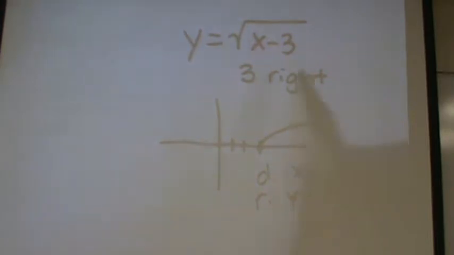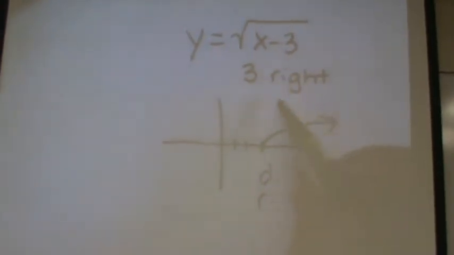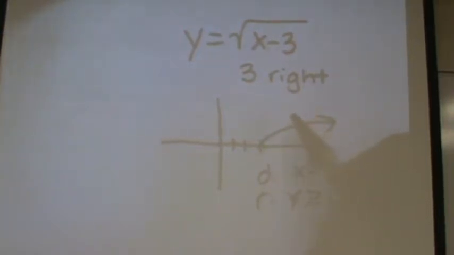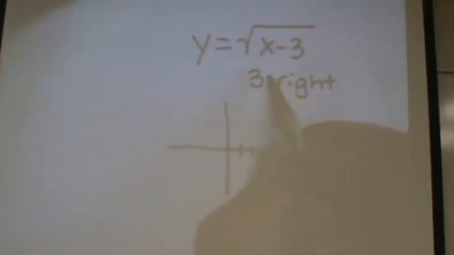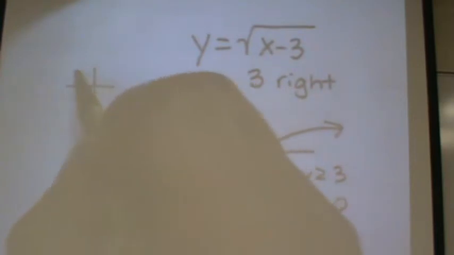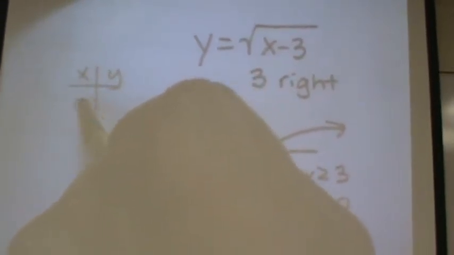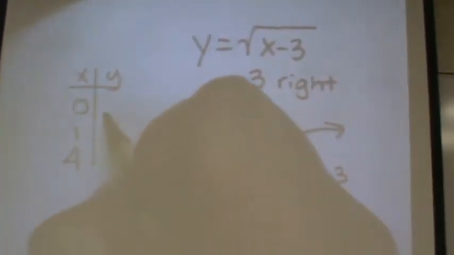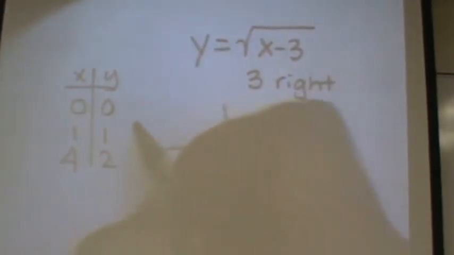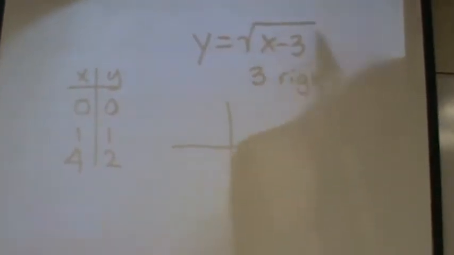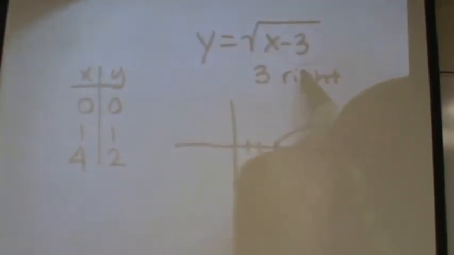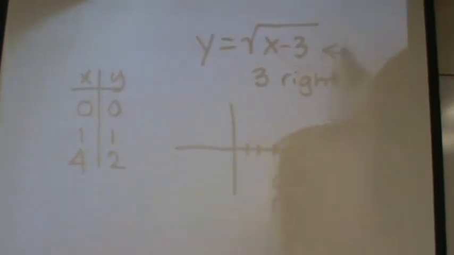Now, if you were to graph this, it's easy just to go 3 units right. But let's say you didn't know what to do. You take your parent function, 0, 1, 4, and what do you do to the x values? We talked about these in chapter 4.